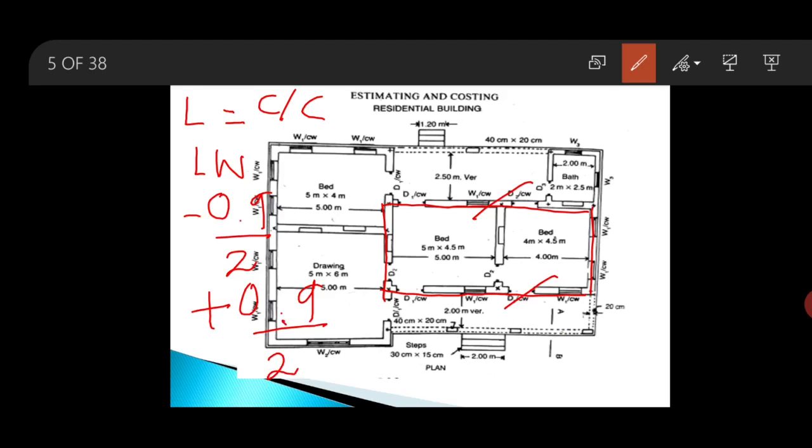This half of the width is to be subtracted for this portion because this wall has already been completed under the first part, and this half of the width is to be added for the other side wall.